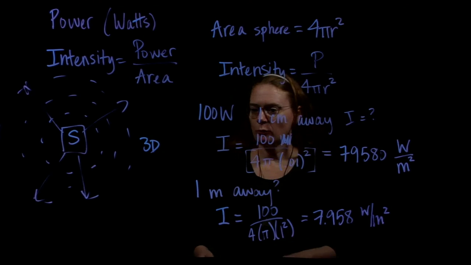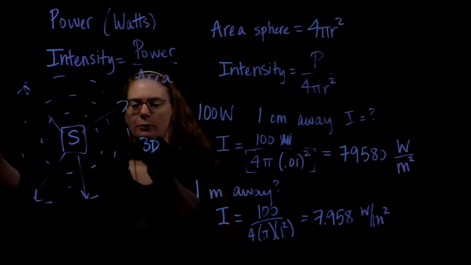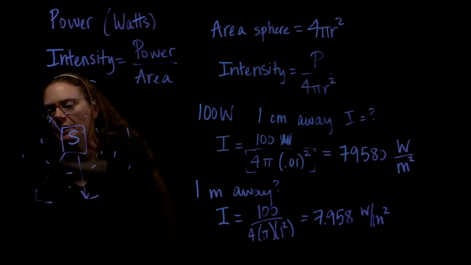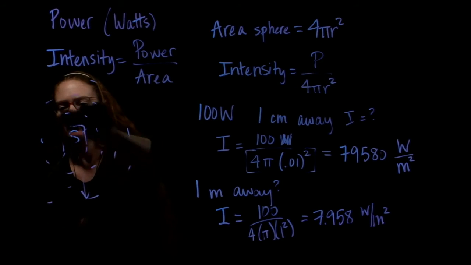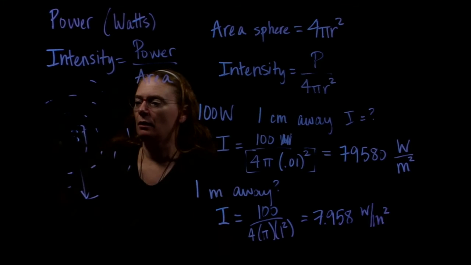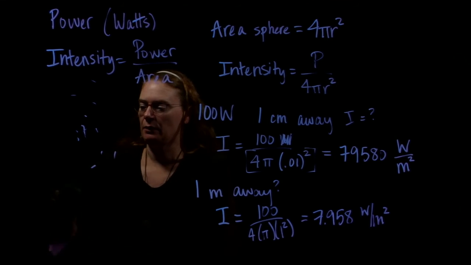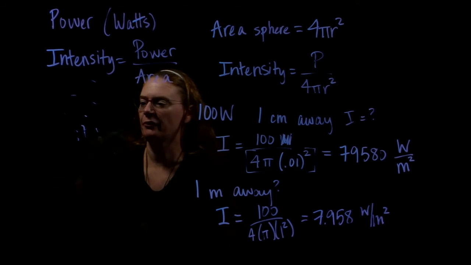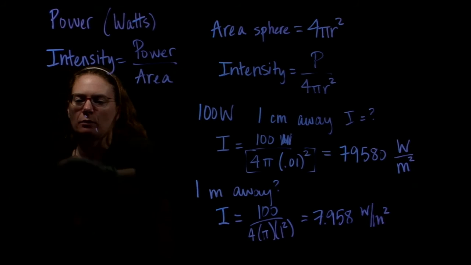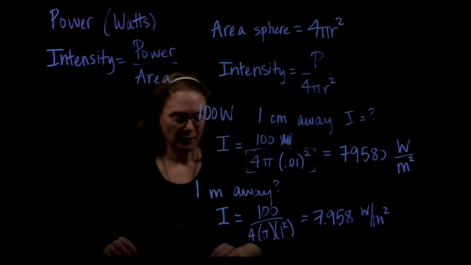So what kind of numbers do we typically deal with for intensity? I always like to try to give you some numbers so you know if your answer is at all reasonable. And I try to make things come out to be reasonable numbers. For light bulbs, the power rating is in the 50 to 150 watt range. Intensity has a lot more spectrum. It's a much bigger range that we can have the numbers in.